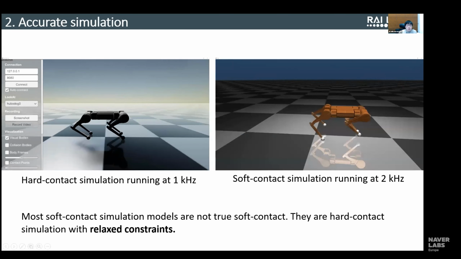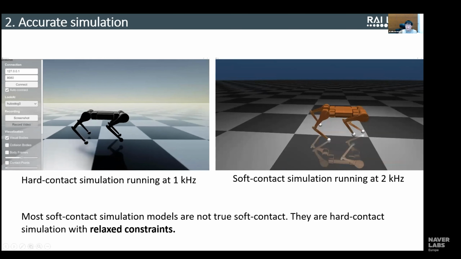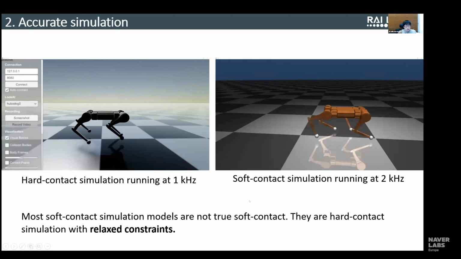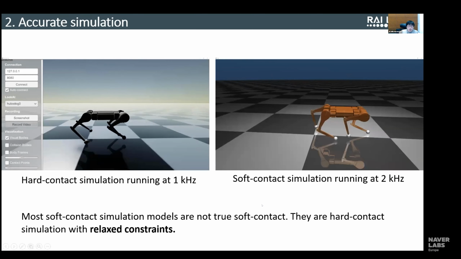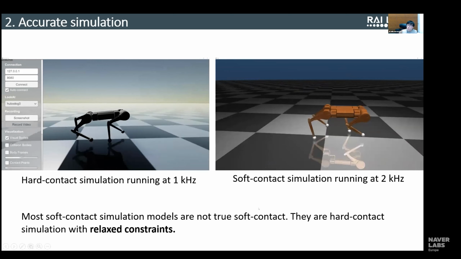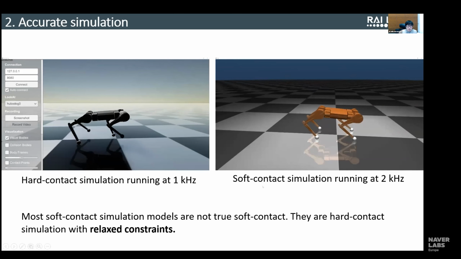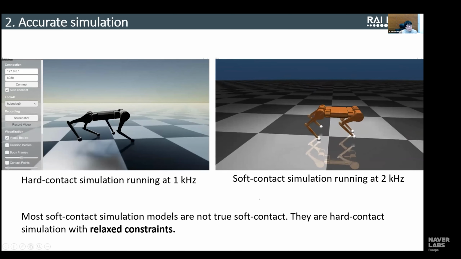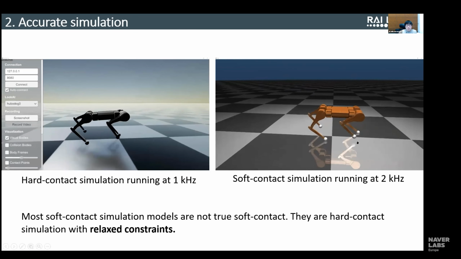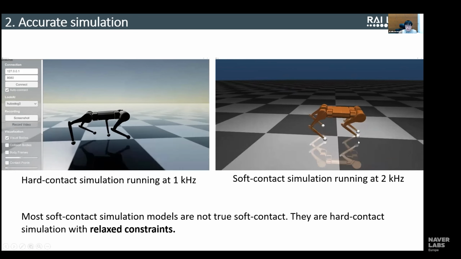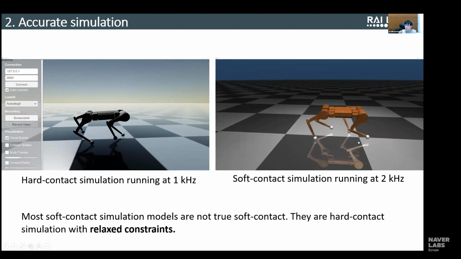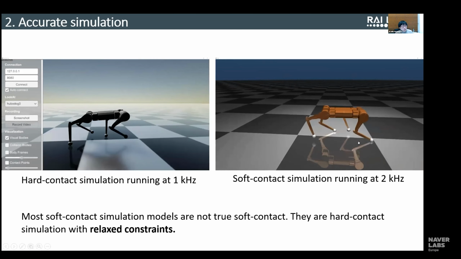You might wonder, if you actually want to simulate soft contact, is it better to use a soft contact simulation? But that's not actually true, because that depends on what simulator you use. With MuJoCo, the problem is that even if you use the same parameters, every contact shows different behavior. That depends on the speed and on the approach angle. It's a complex system.